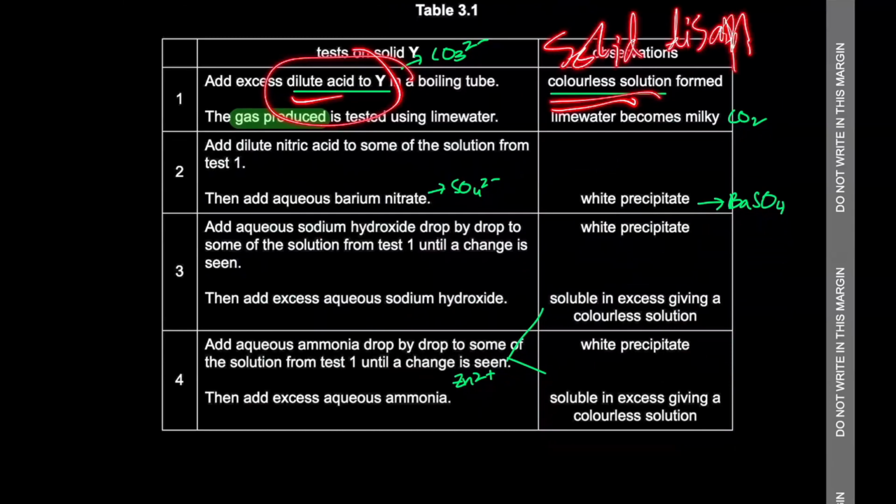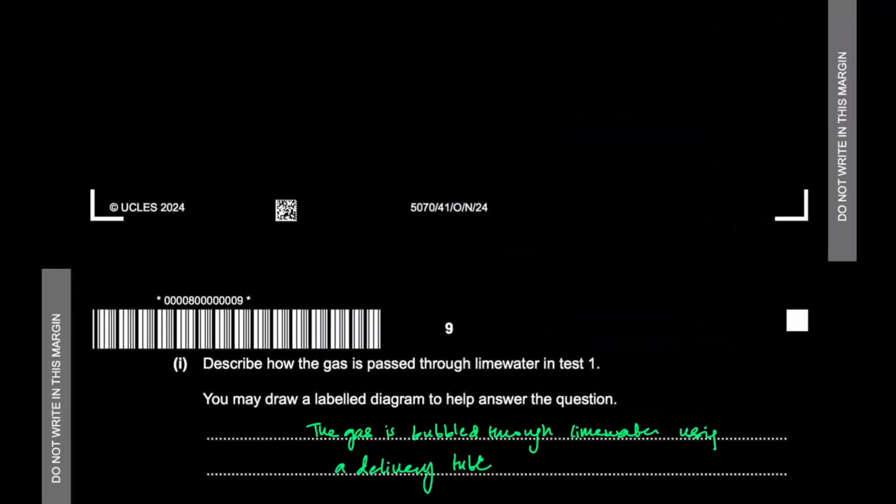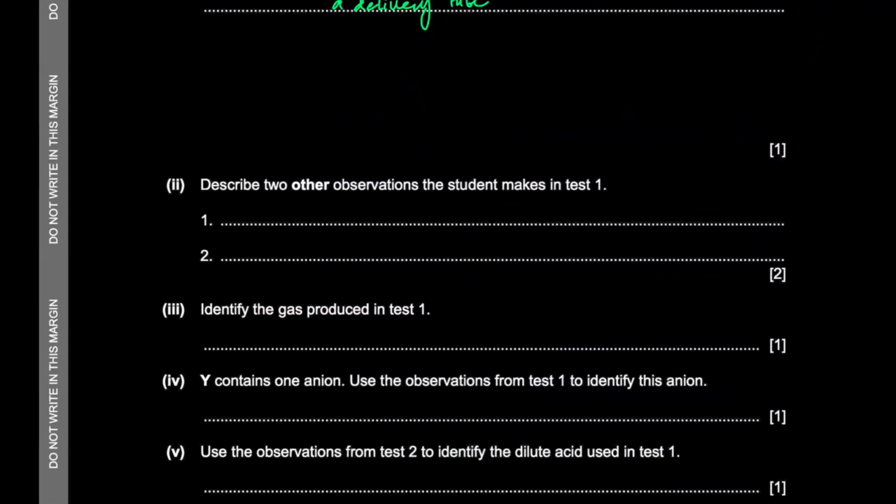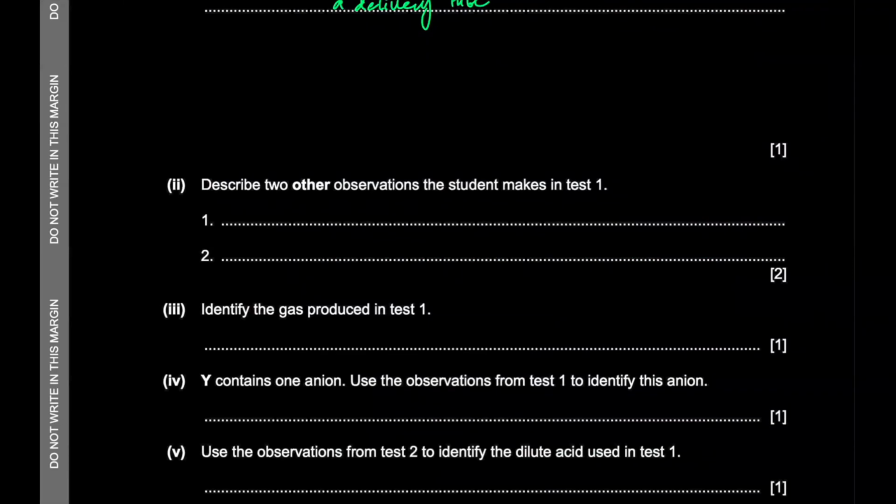And because carbon dioxide gas is being produced, you're going to see effervescence. So those are your two other observations: the solid dissolves, and you see effervescence of a colorless gas, because carbon dioxide is being produced.